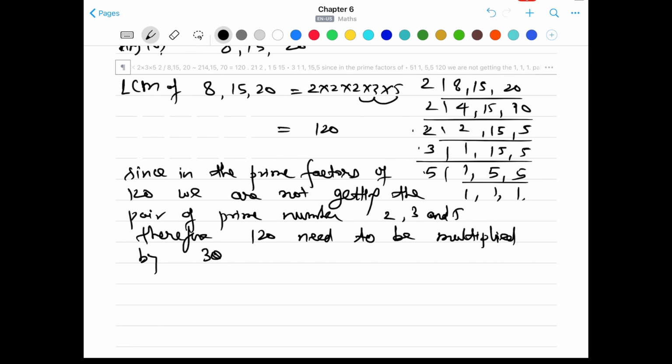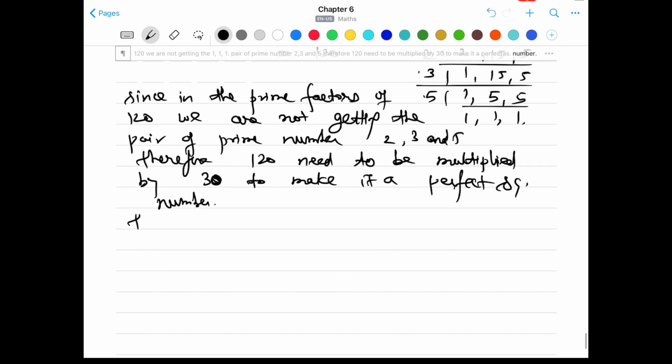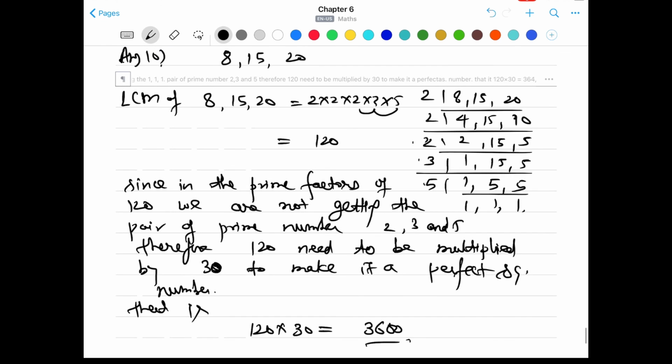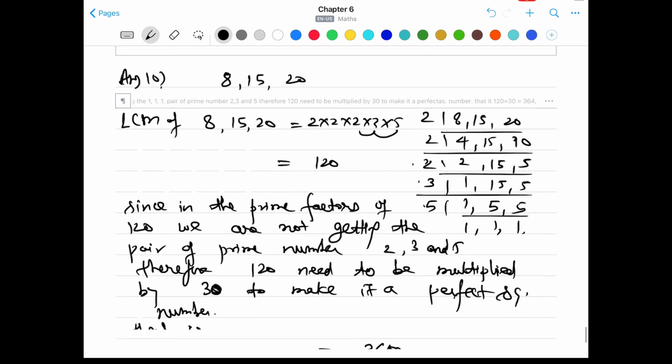So this number needs to be multiplied by 30 to make it a perfect square number. That is, 120 multiplied by 30 gives 3600, which is the perfect square number. Okay, so that's the answer to number 10.